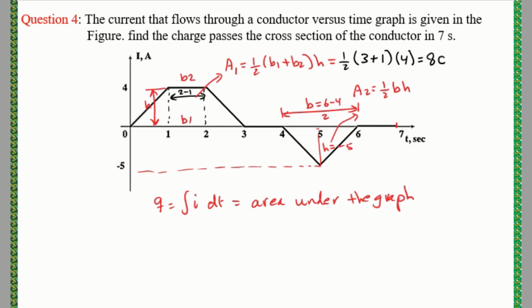So this area is 1/2 times 2 times minus 5. It is minus 5 coulombs. So the area under the graph is A1 plus A2. A1 is 8 coulombs plus A2 is minus 5 coulombs. The total is 3 coulombs.